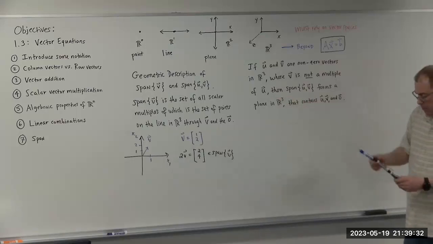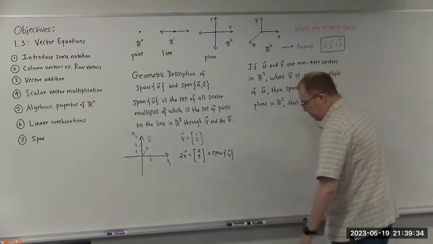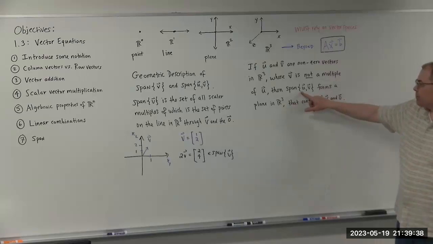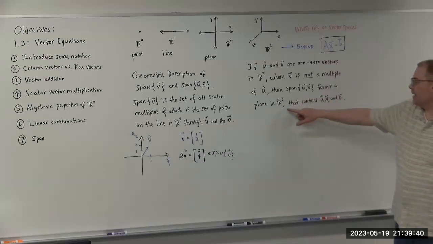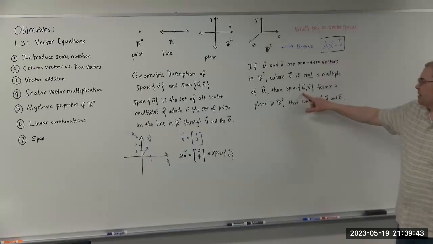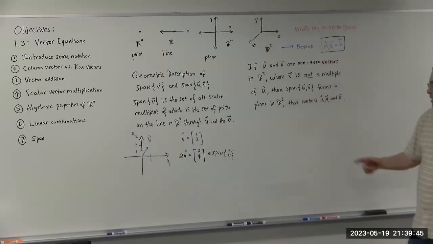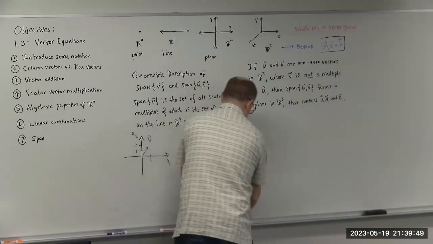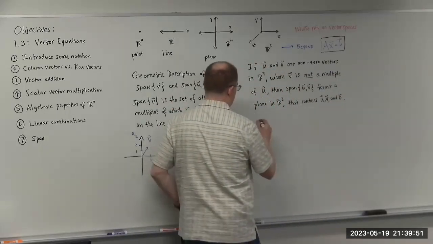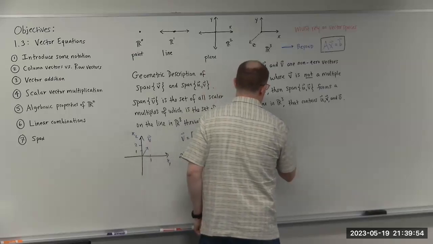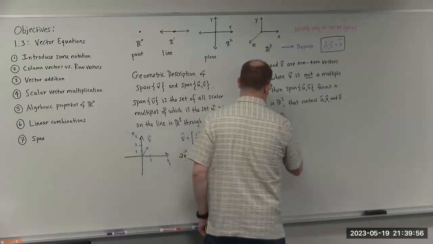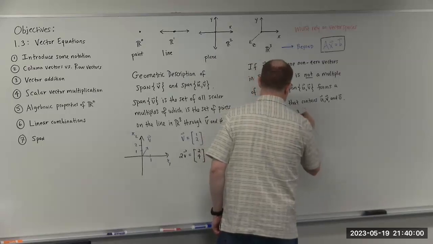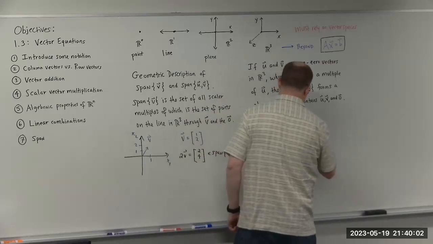All that says is that if I pick any vector in that plane spanned by u and v, then that vector can be written as a linear combination of u and v.